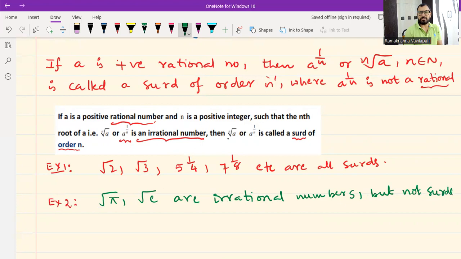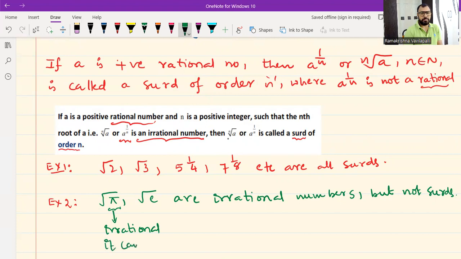They are not surds because pi is a special kind of irrational number, and we cannot express it as the nth power of some rational number. It cannot be expressed as the nth power of a rational number.